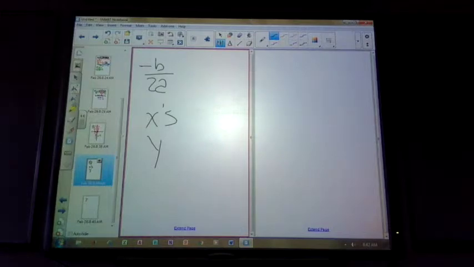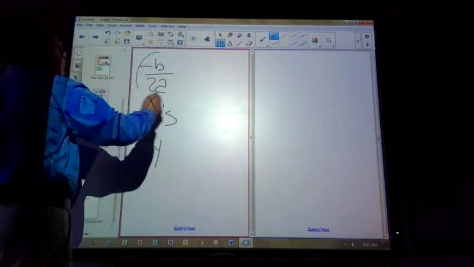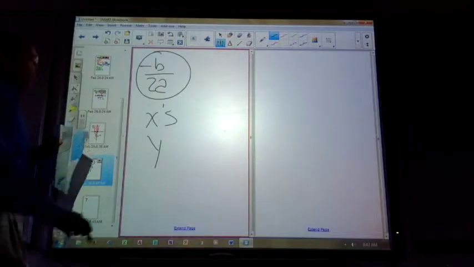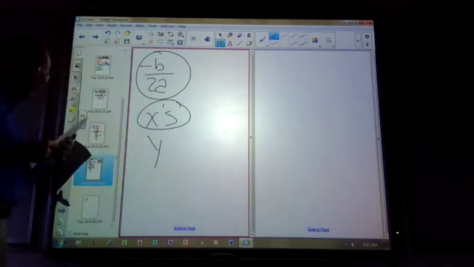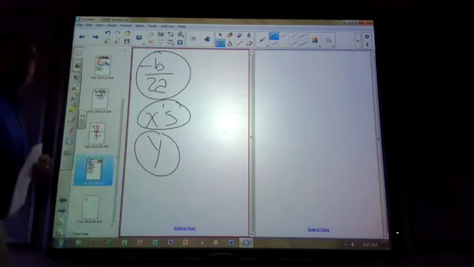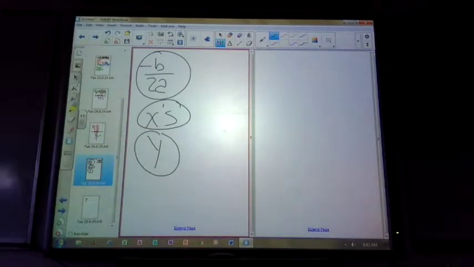So your first three blanks are this. Your first blank, you use negative b over 2a to find the x component of the vertex. Use the x component and plug that back into all the x's of the original equation and solve for y. Agree?